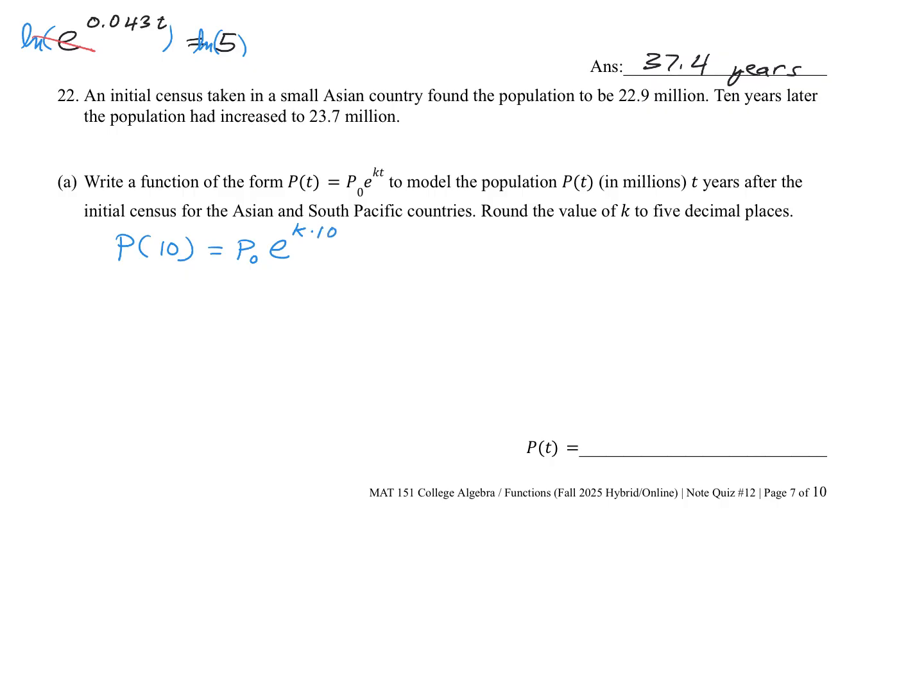The population in 10 years, they tell us, is 23.7 million people. The initial population at the start was 22.9 million, and that's e to the 10k. Just like before, we want to isolate the exponential by dividing by the coefficient.